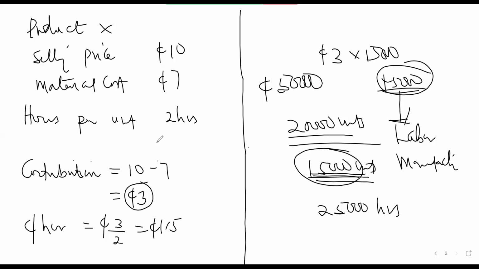The total factory cost is 50,000. How many hours are you going to incur this particular cost for?